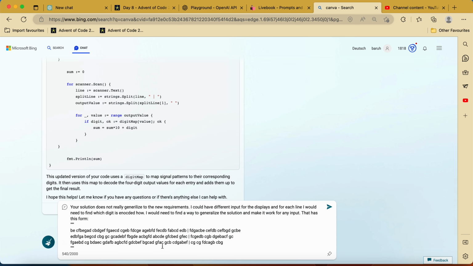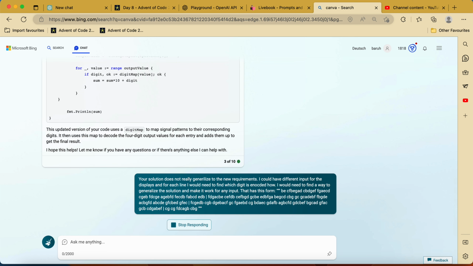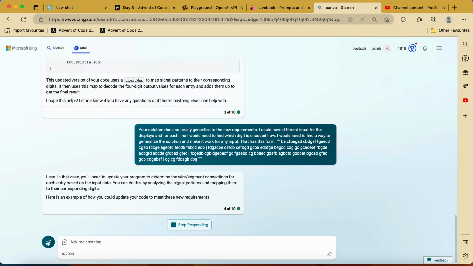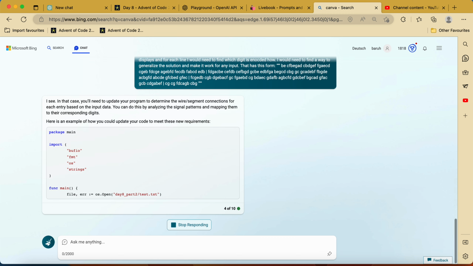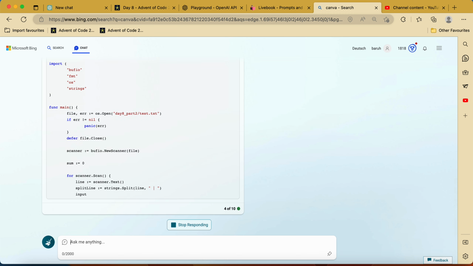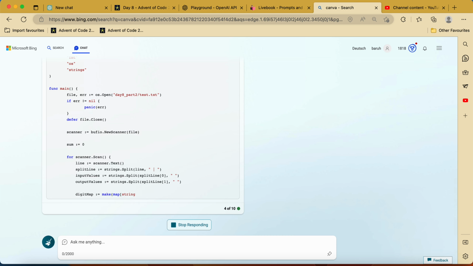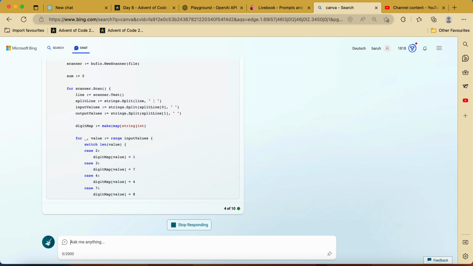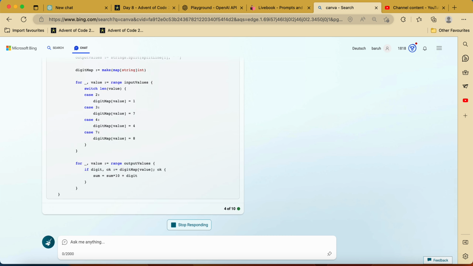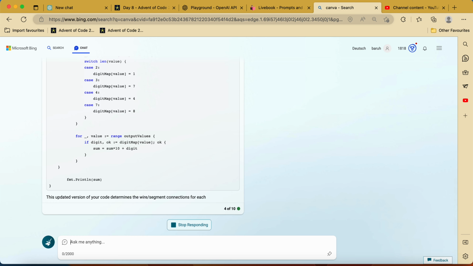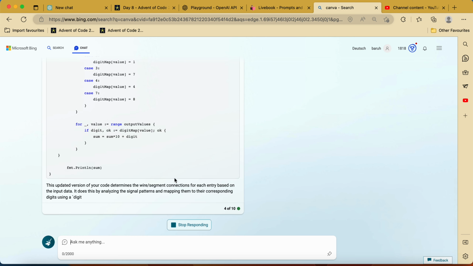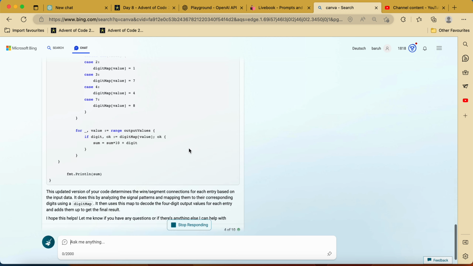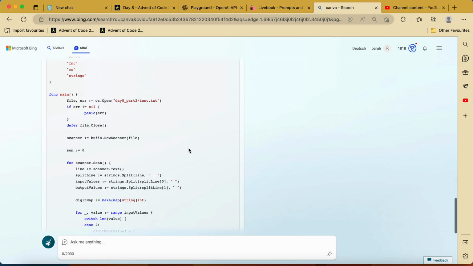Let's see, I would imagine that Bing will have a hard time to really connect that, but let's see. It's splitting correctly. Okay, it's adding the case, and what does it do for the rest? Okay, this solution is these maps.